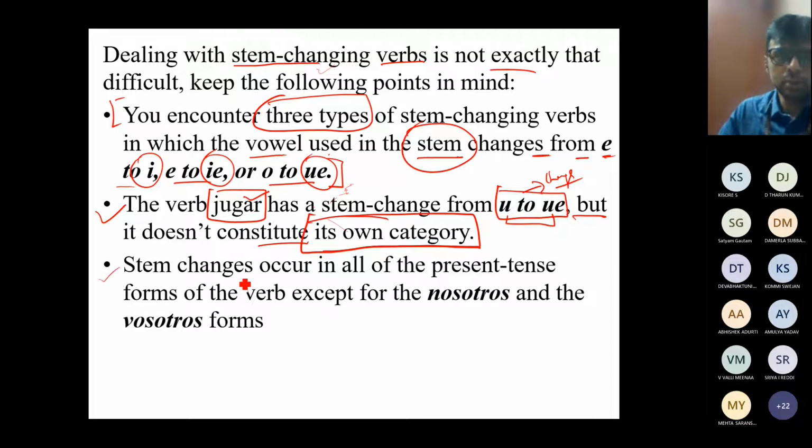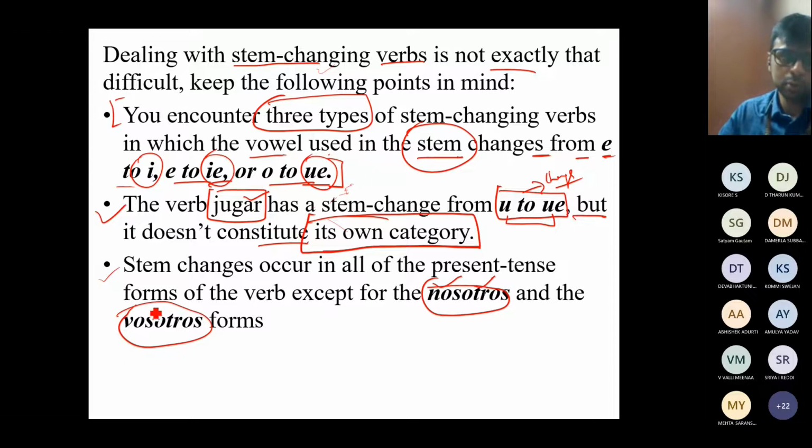The third point is that stem changes occur in all the present tense forms of the verb except for the nosotros and the vosotros forms. This is very important. In the first point it is written that in the stem changing verb, the vowel in the stem changes from E to I, E to IE, or O to UE. But it does not happen with all six forms.